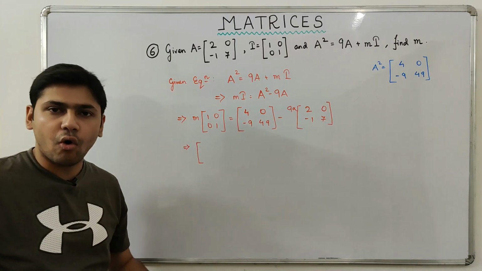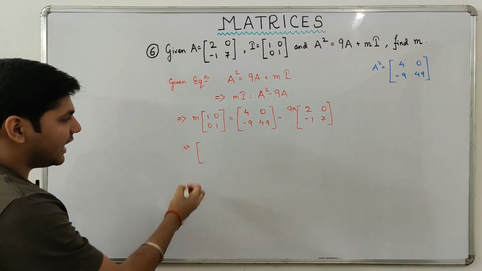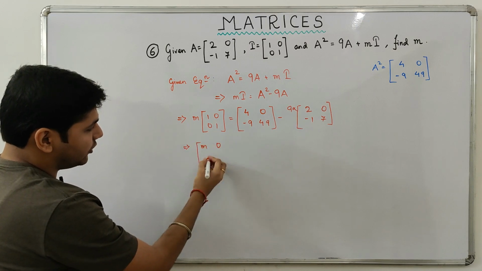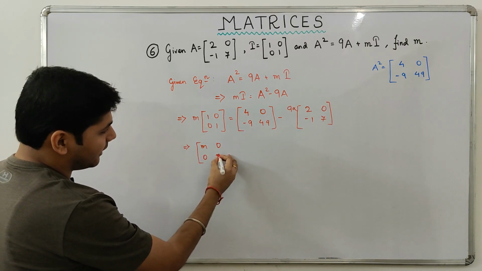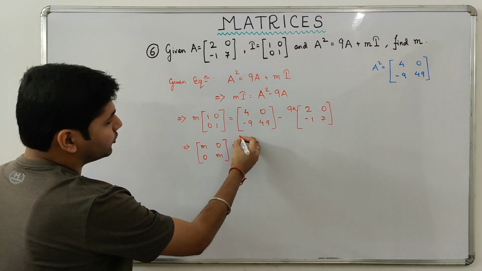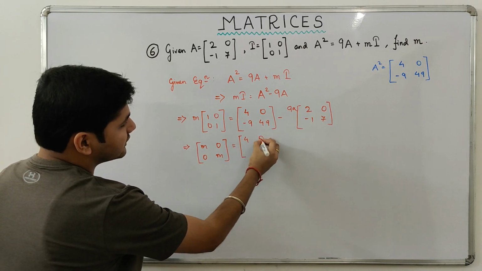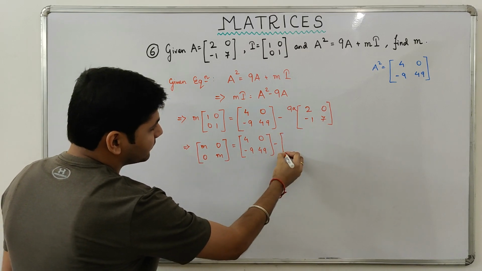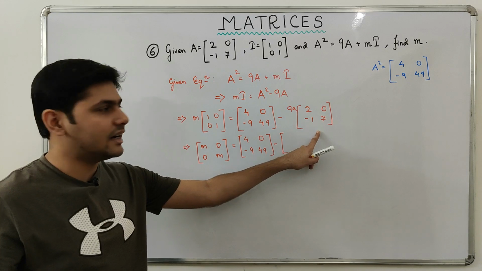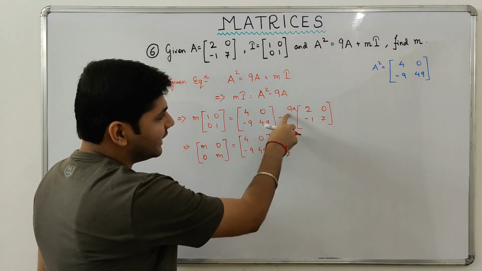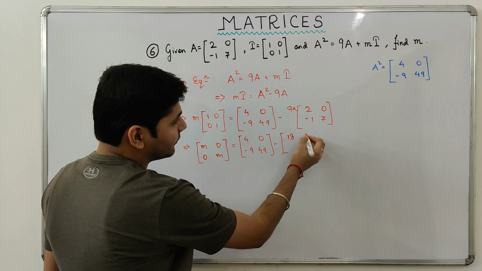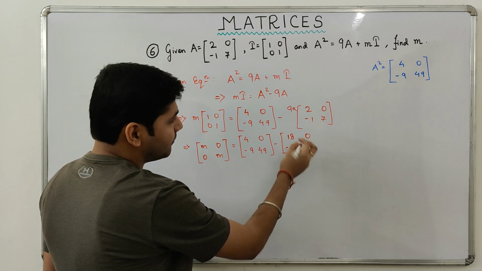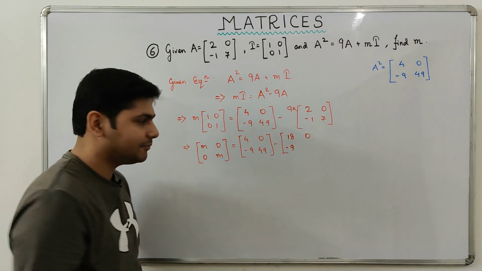M will get multiplied to all the elements of this matrix. So we will have 1 into M, that's M, M into 0, that's 0, 0 into M, that's 0, and 1 into M, that's M. This will be equal to [4 0; -9 49] minus all the elements of this matrix will get multiplied with 9. So what we will get? 9 into 2, that's 18, 9 into 0, that's 0, 9 into minus 1, that's minus 9, and 9 sevens are 63.